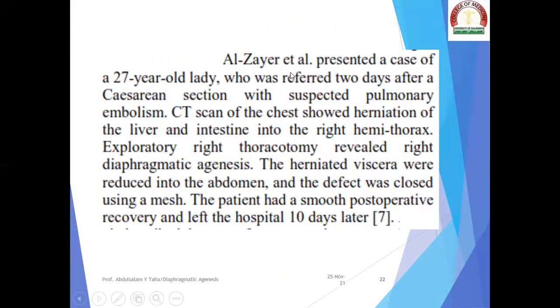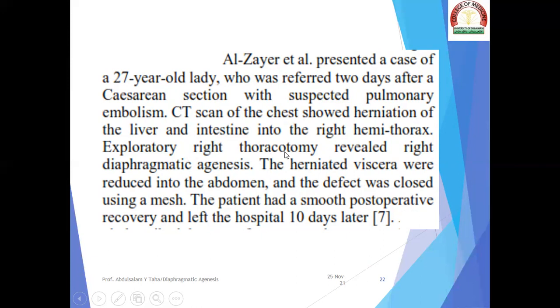Azire et al. presented a case of a 27-year-old lady who was referred 2 days after a cesarean section with suspected pulmonary embolism. CT scan of the chest showed herniation of the liver and intestine into the right hemithorax.